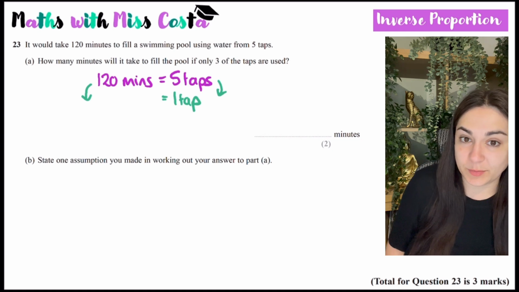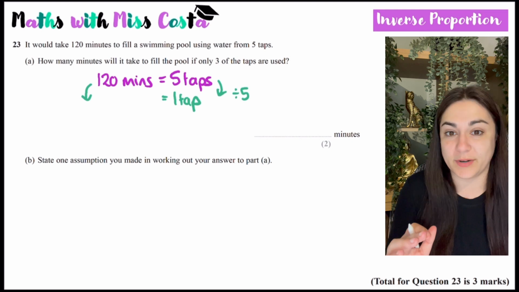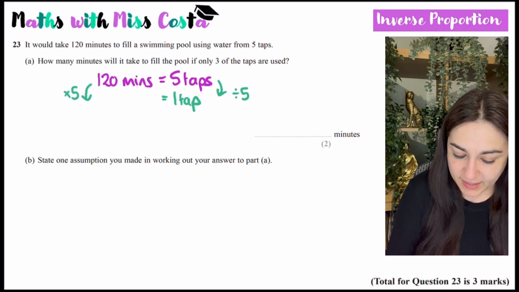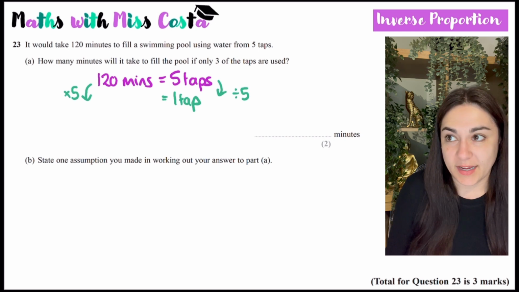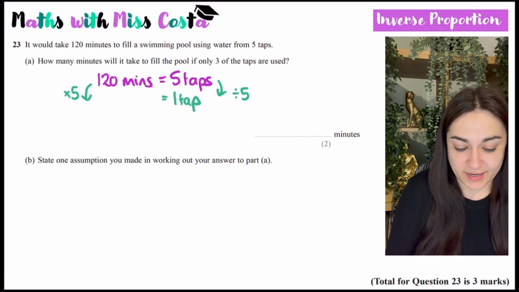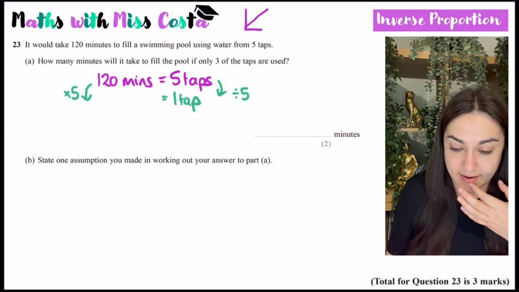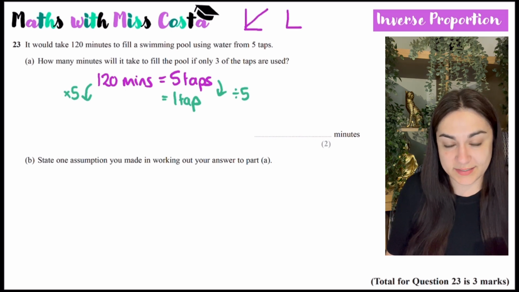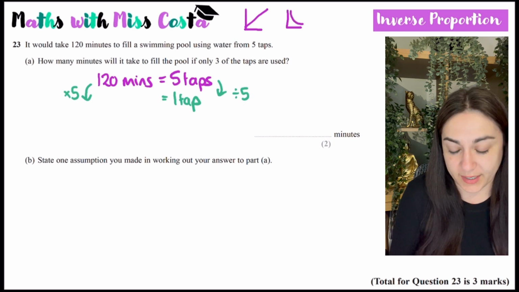So with inverse proportion, whatever you do to one side, you do the inverse operation to the other side. So how do I get from 5 to 1? I divide by 5. So what I need to do on this side is times by 5. The way to recognize if it's an inverse proportion question is to think to yourself, okay, as one quantity increases, does the other quantity also increase?